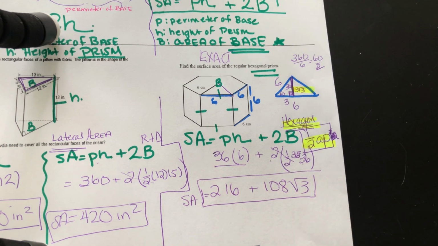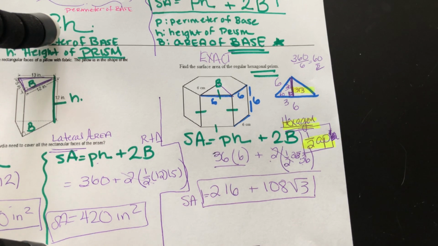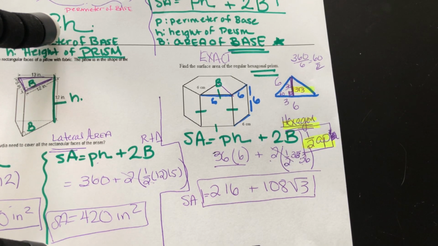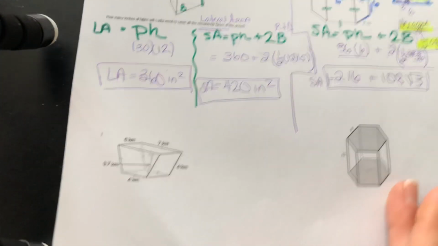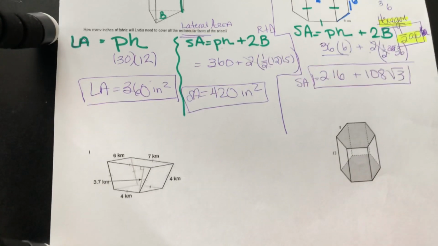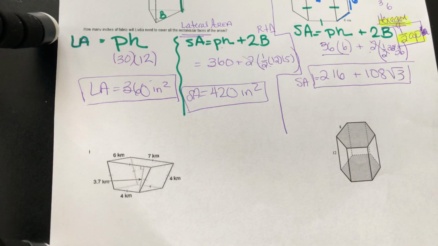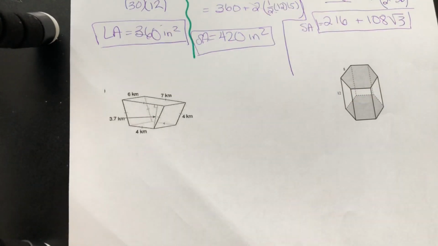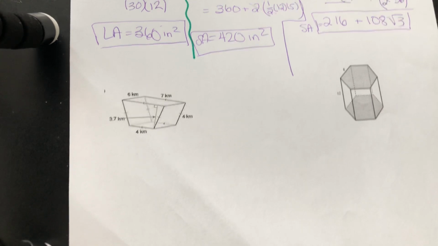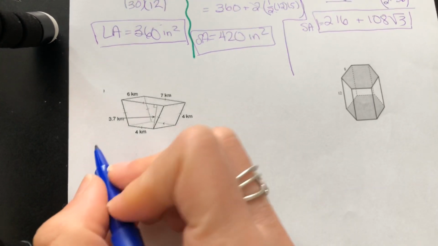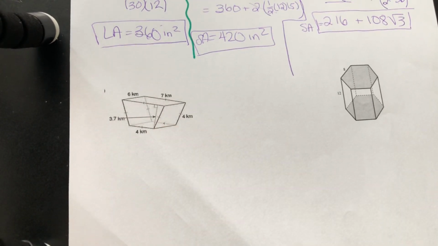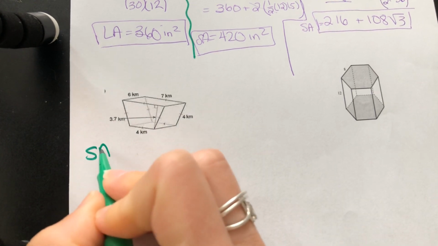Okay, let's try another one. I just want us to do surface area. So, let's stick with the same kind of colors. PH plus 2B. And let's write ourselves a note.